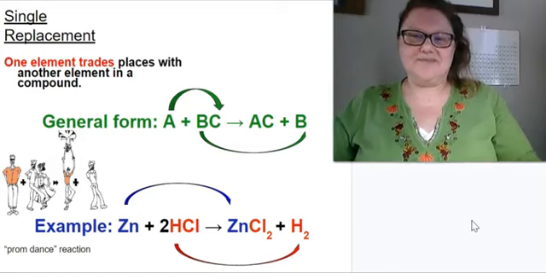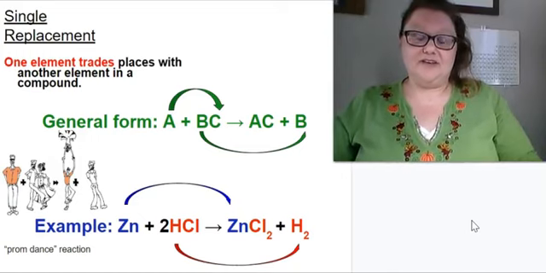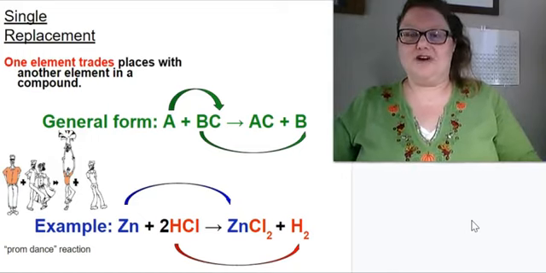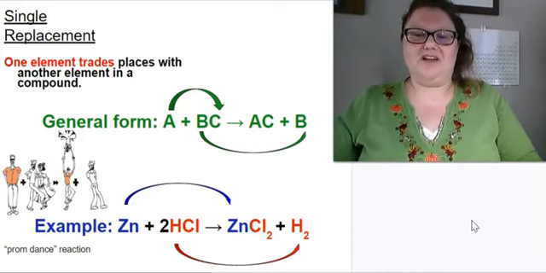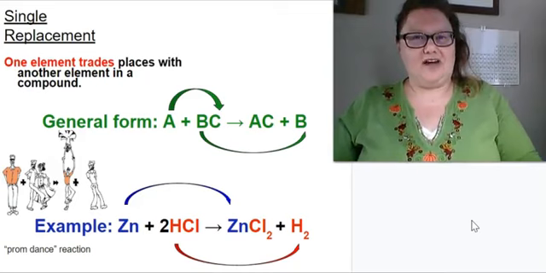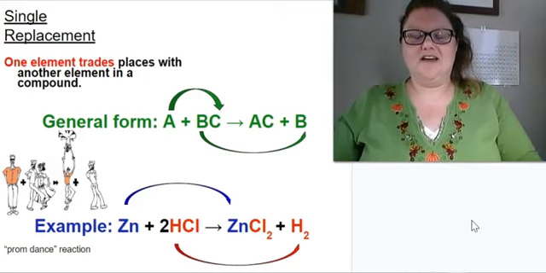We have zinc. Zinc is a metal, so we know that it forms a positive charge. Metals are always cations. Then we look at the formula HCl. H, even though it's not a metal, behaves like one in a chemical reaction.